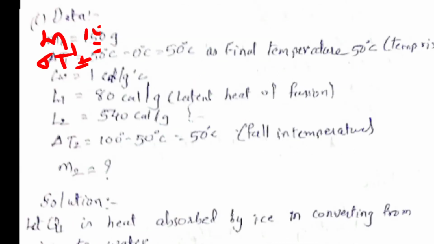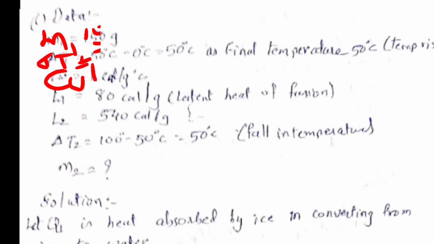So we have M1 as 150 grams, delta T1 as 50 minus 0, that is 50 degrees Celsius, because the final temperature of the mixture is 50 degrees. Then, children, the specific heat capacity of water, CW, is 1 calorie per gram degree centigrade.